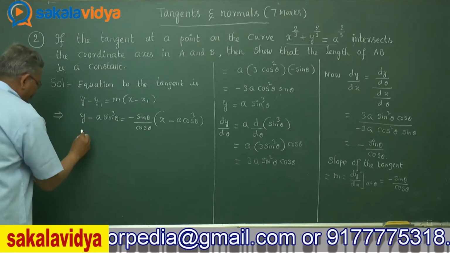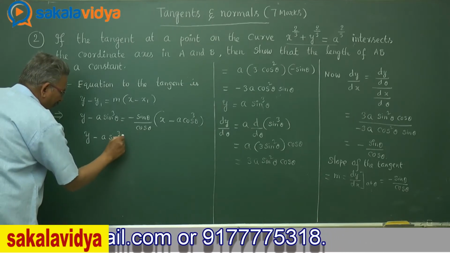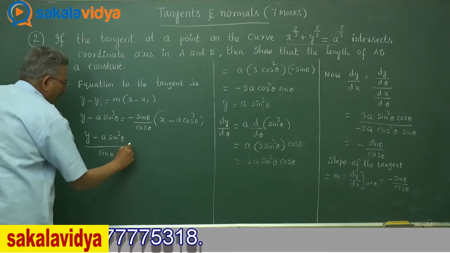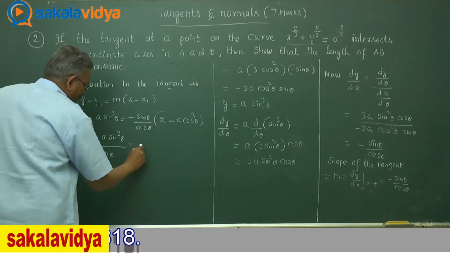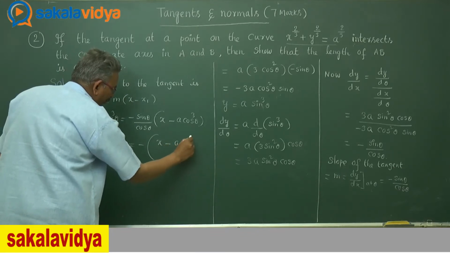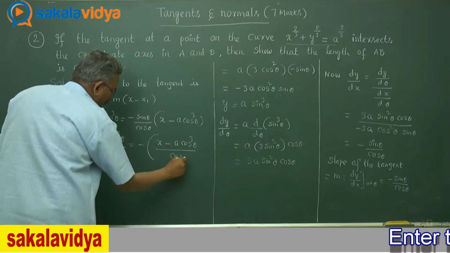So now we get y minus a sin cube theta, upon sin theta, equals minus of x minus a cos cube theta, upon cos theta.